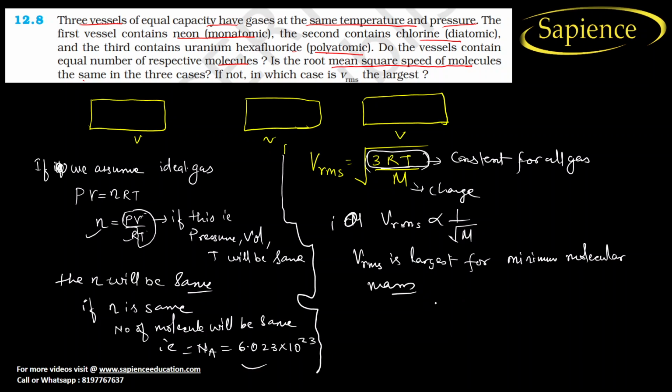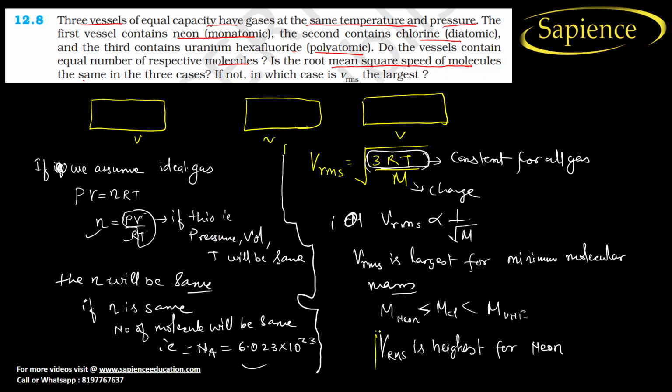From the above case, neon has the minimum molecular mass. After that comes chlorine, and uranium hexafluoride has the highest mass. So VRMS is highest for neon. I hope you have understood this.